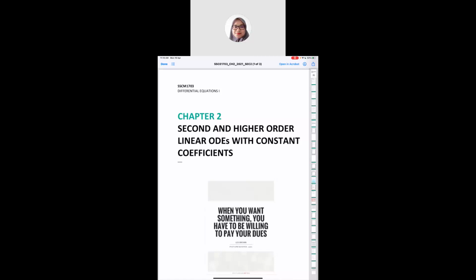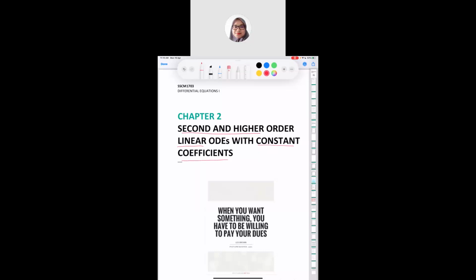Okay, chapter 2, second order and also higher order linear ODEs with constant coefficients. Later we will look at what second and higher order mean. I think you already know what second and higher order are, and what we mean by linear and what we mean by constant coefficient.